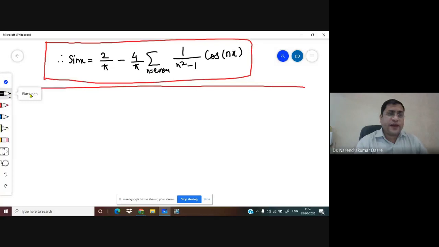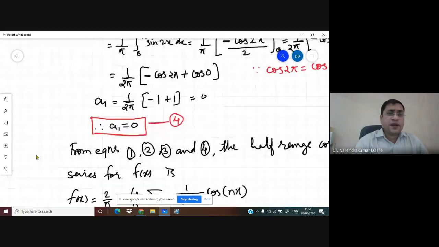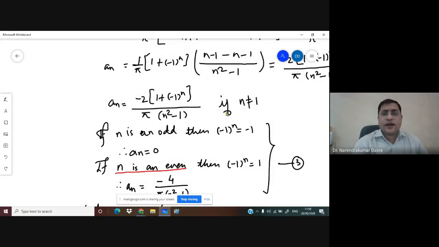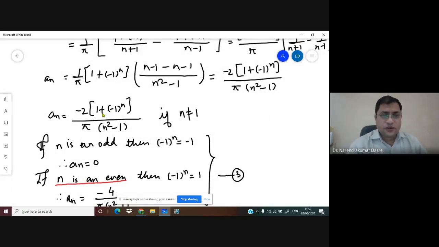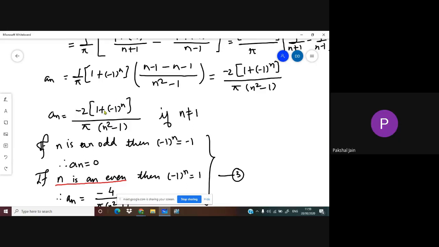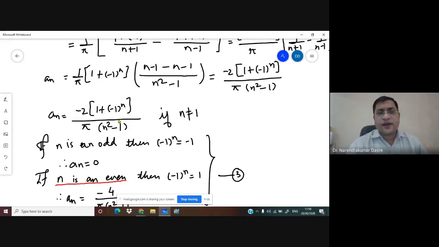Before applying n even and odd, I have written here, because if you use this formula, forget about the even and odd case, we are not able to calculate a1 from this formula. If I say n is an odd number, then in general, put n equal to 1.